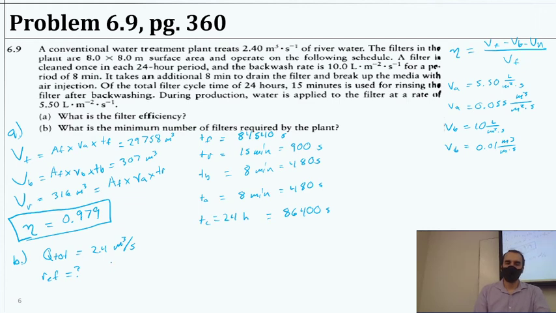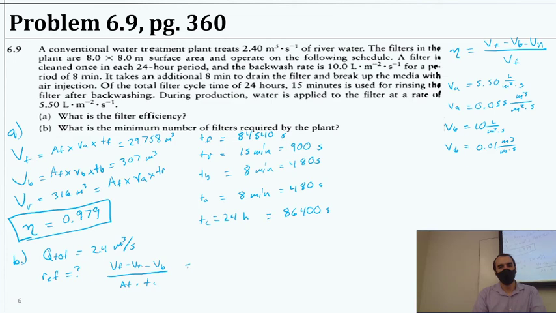As we looked at a few minutes ago, this is going to be that volume filtered minus volume rinsed minus backwash divided by the area of a filter times the total cycle time.